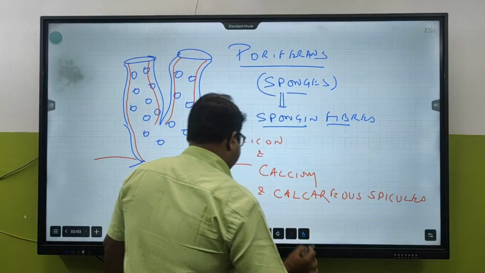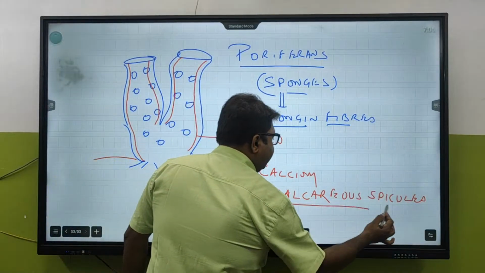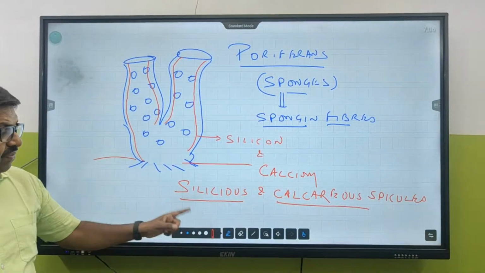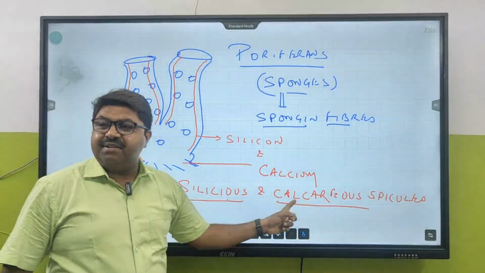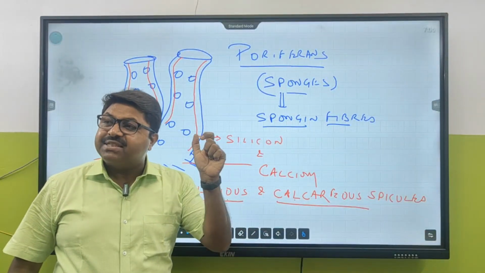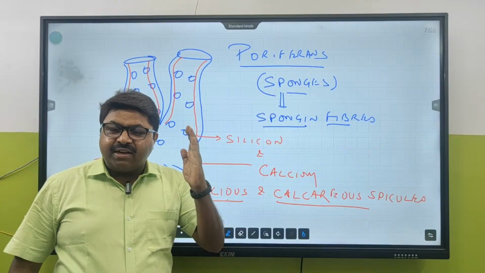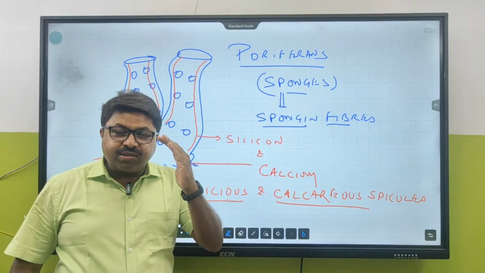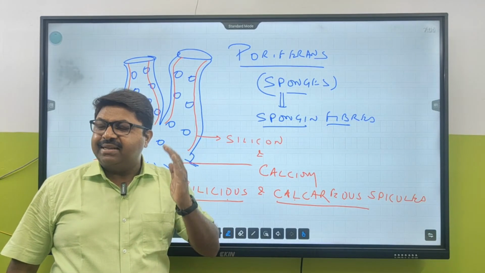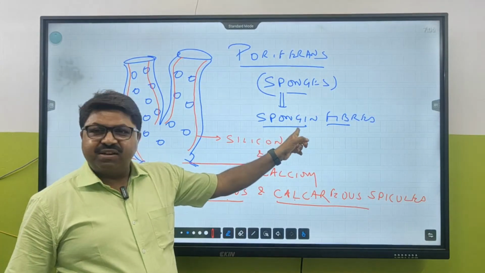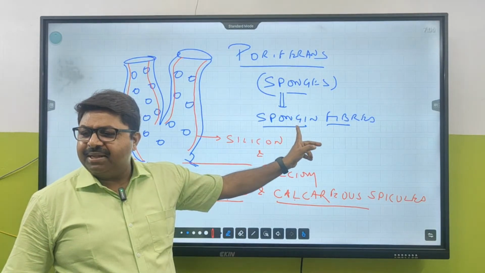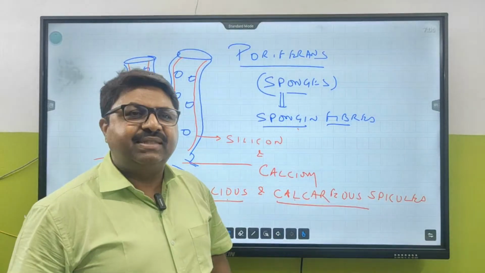If they have siliceous and calcareous spicules, it gives them a rigid structure. But a little bit of flexibility is also there, and that is due to the presence of spongin fiber. Is this clear?